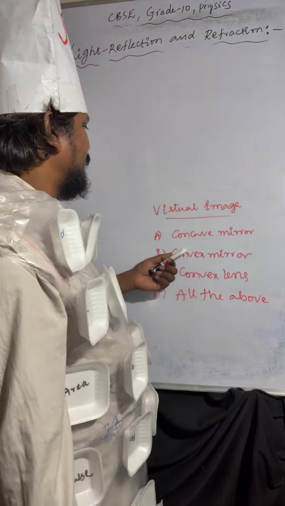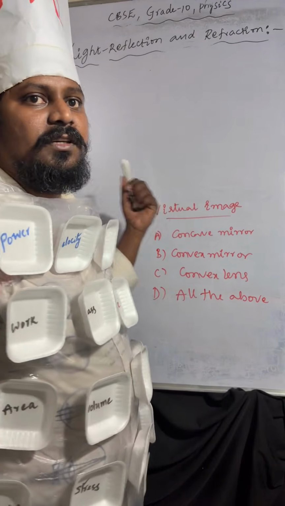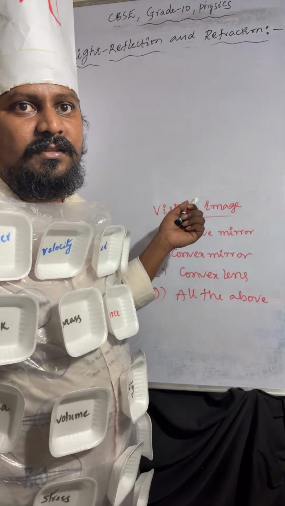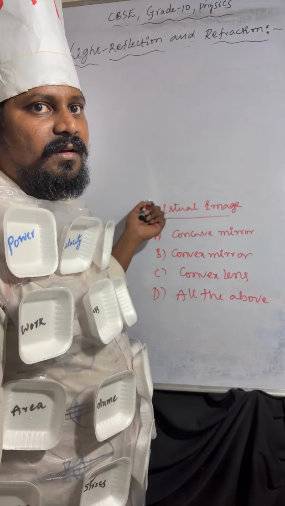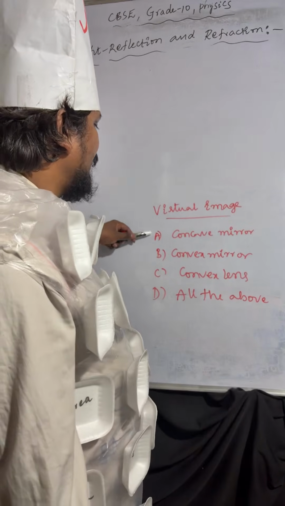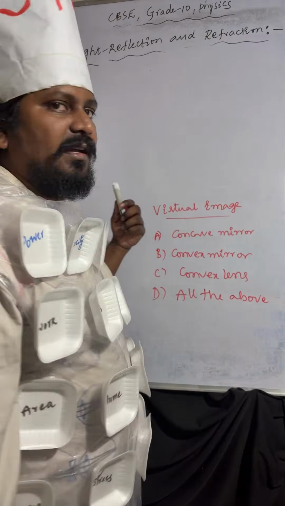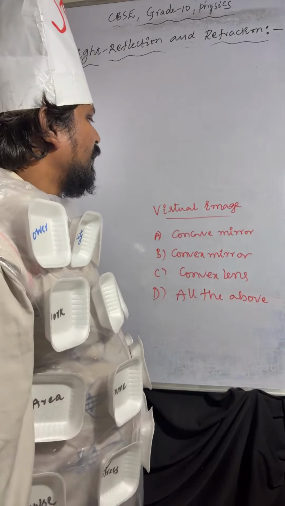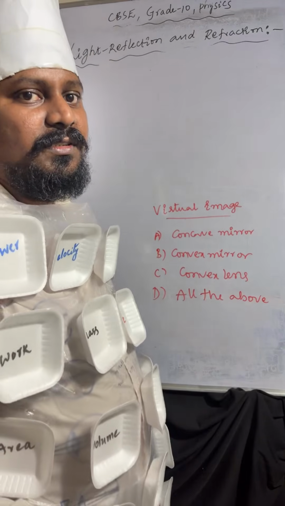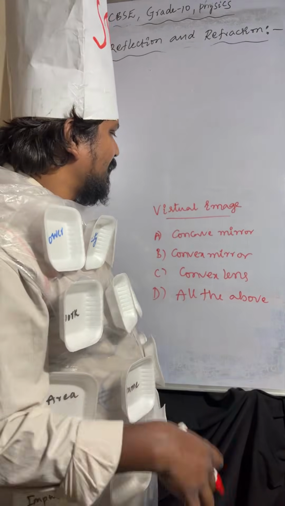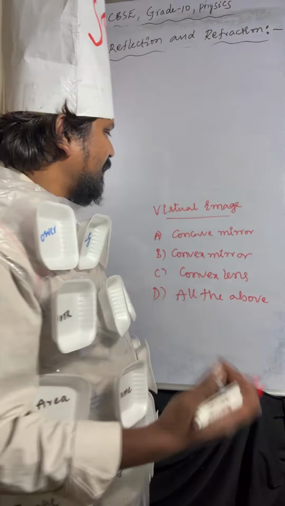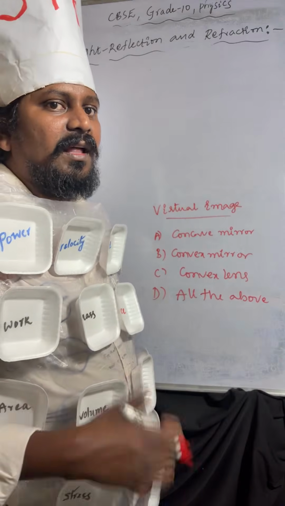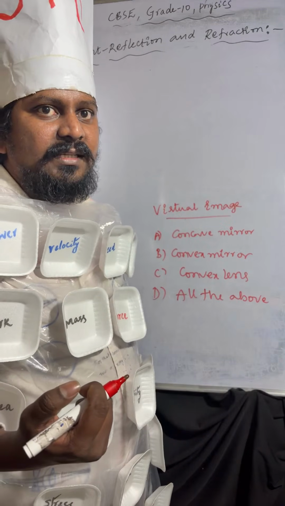Option A, option B, option C or option D. Let me know the answer. Which mirror or lens forms virtual image? Only concave mirror? Only convex mirror? Only convex lens? Or all of the above? Answer fast.